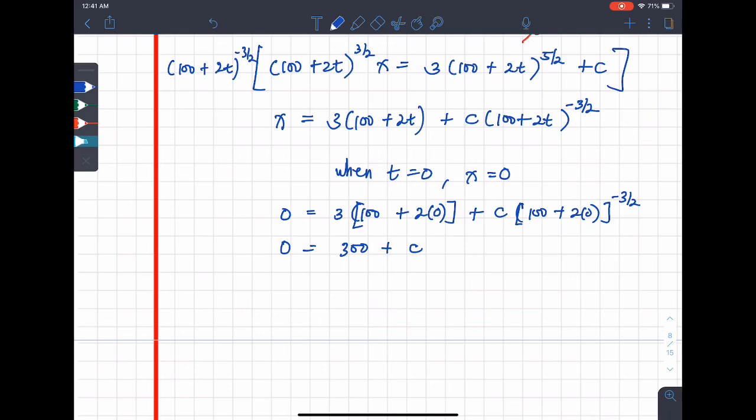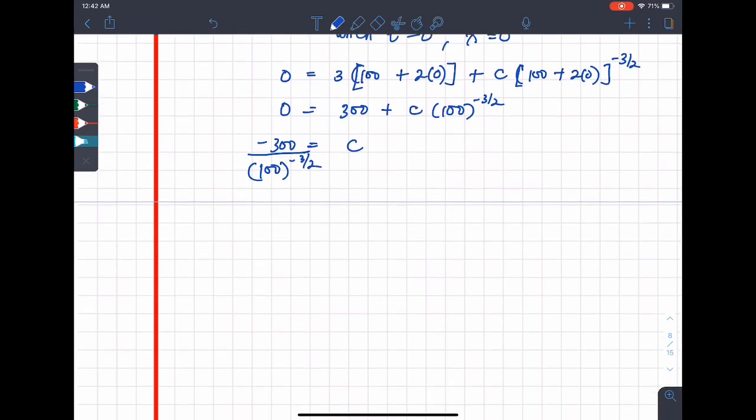times 100 raised to negative 3 over 2. Simply, negative 300 is equal to C. And then divide it by 100 raised to negative 3 over 2.